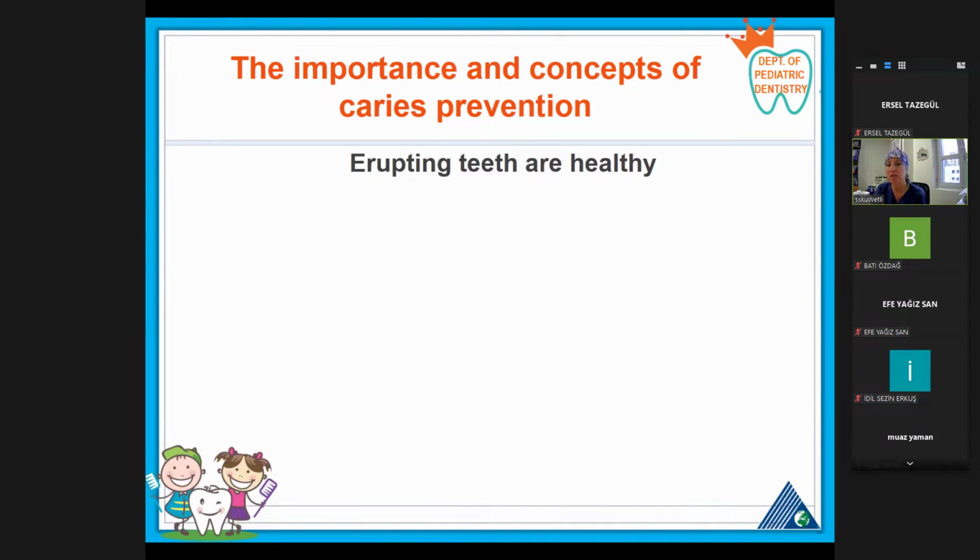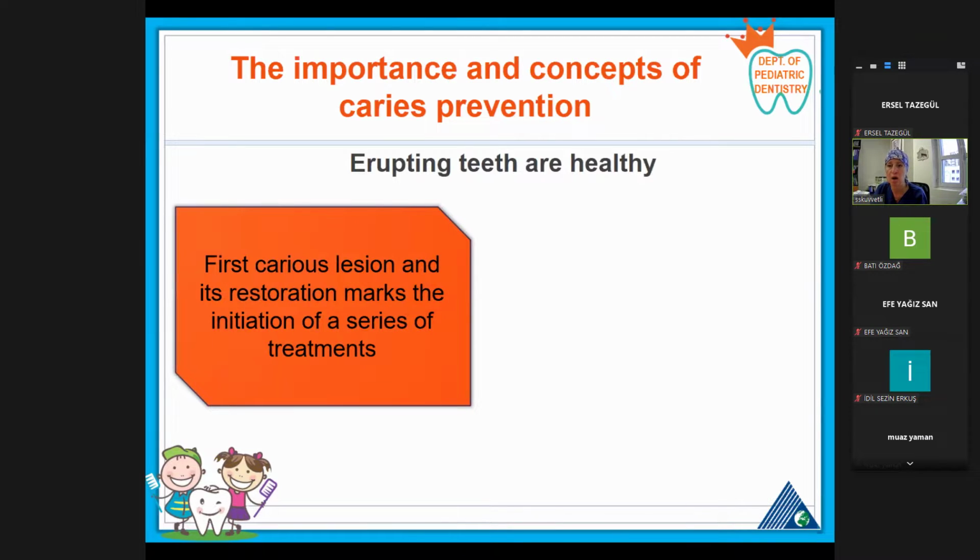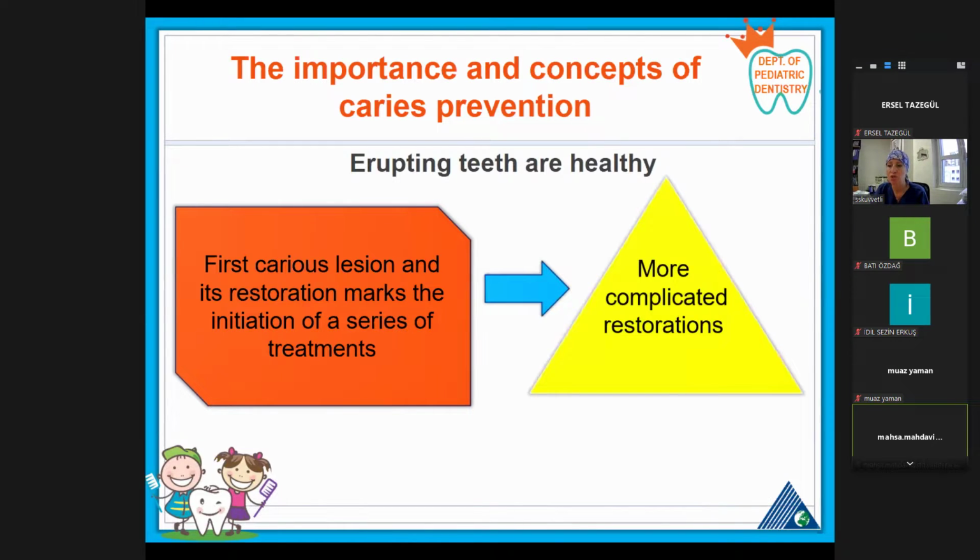So we need to maintain the health of the teeth throughout life. Why? Because the first caries lesion and its restoration marks the initiation of a serious treatment, which usually leads to more complicated restorations.